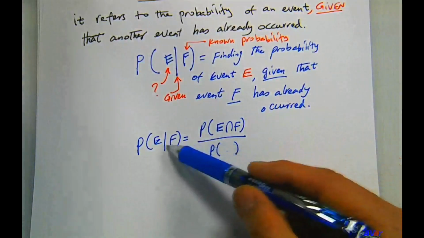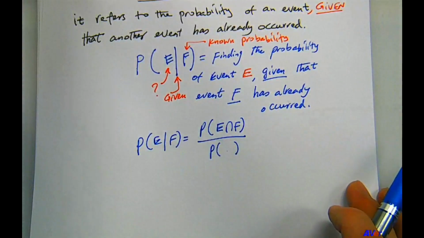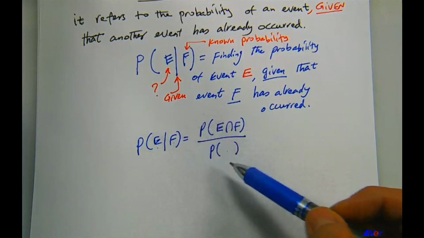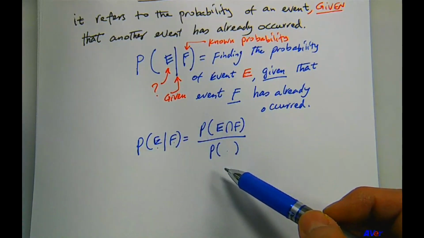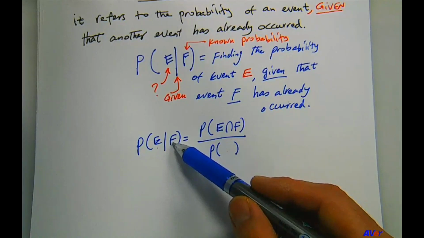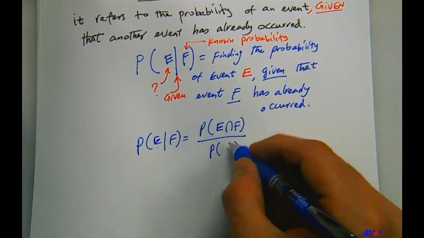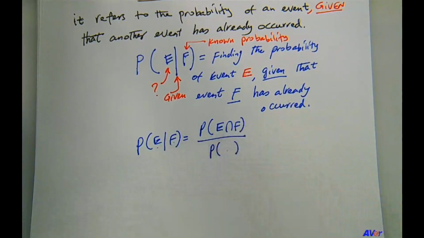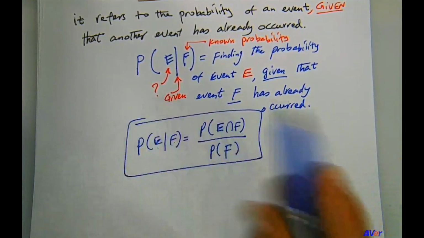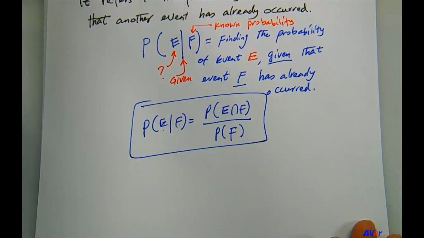This is going to be one of these letters. Which one do you think it will be? Will it be E or F? Well, give it some thought. It has to be the event F, which is the known probability, right? So this has to be probability of event F. And this is the basic formula for a conditional probability.